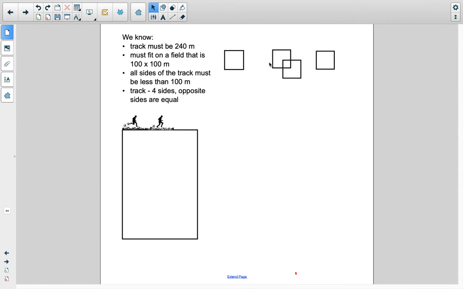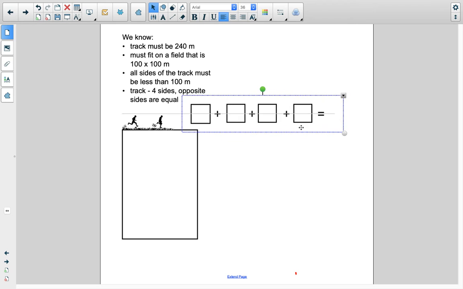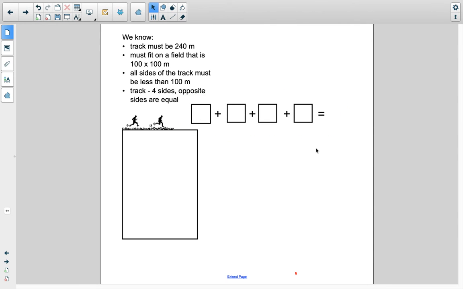So I have box plus box plus box plus box equals 240 meters. These have to add up to 240 meters.